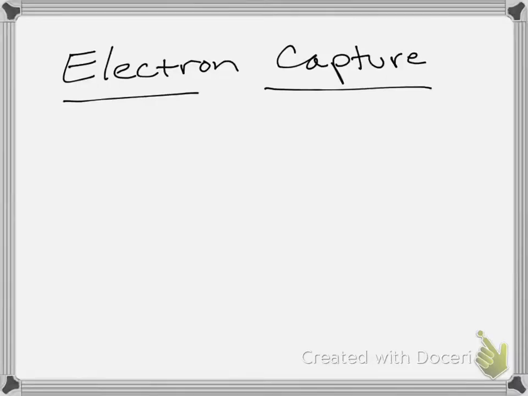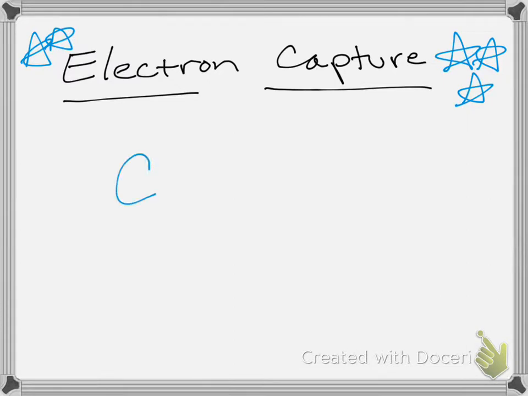All right, the last one is electron capture. Electron capture is a little bit different from the others, so make sure you star this in your notebook, okay? Electron capture is when you have an atom, for example, carbon-14, 6, and during electron capture, this atom is going to absorb an electron, and that's going to cause it to produce a new atom.